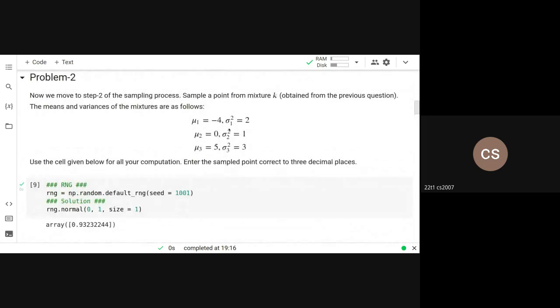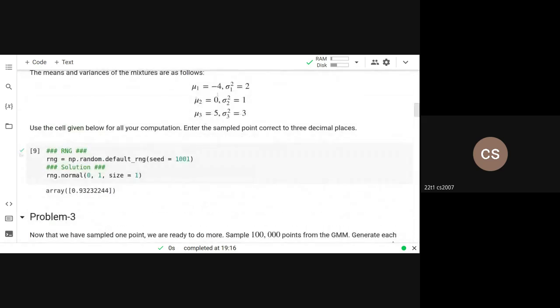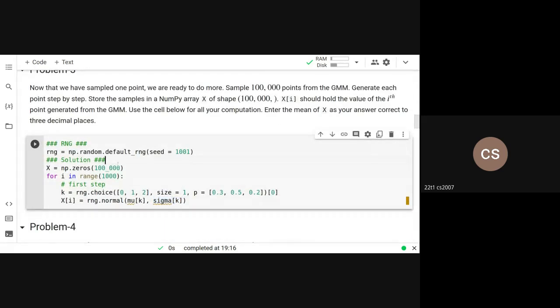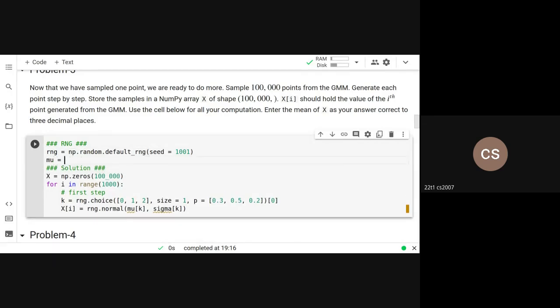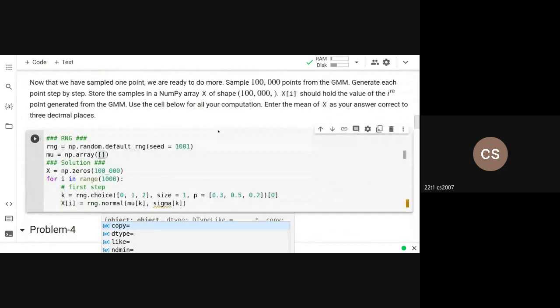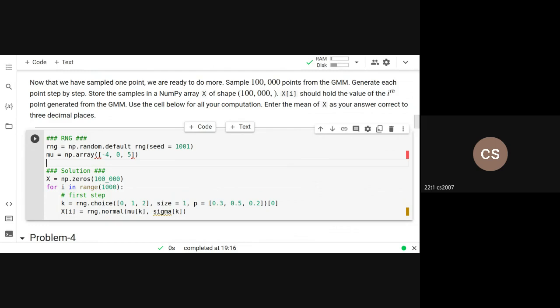So let me initialize these values here. What are the means? -4, 0, and 5 for the three mixtures.